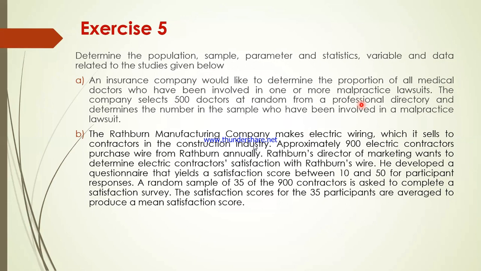From the parameter definition, you can easily identify the appropriate statistic. Only one word has to be changed.